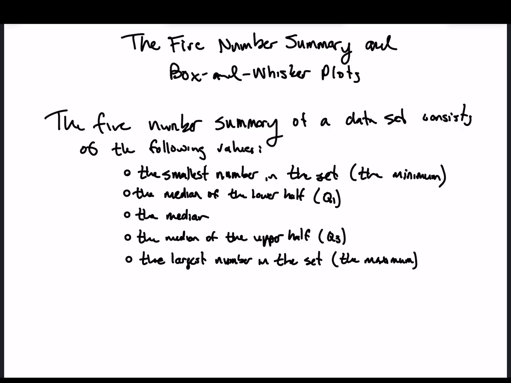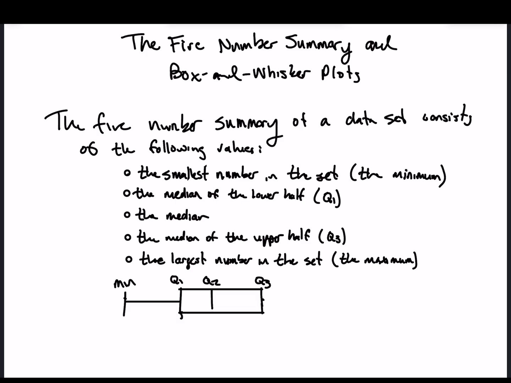So what we can do is take this 5-number summary and build what's called a box and whiskers plot. So we would have a whisker for the minimum, and then we would have a line, and then another line for quartile 1, another line for quartile 2, another line for quartile 3, and inside, between quartile 1 and 3, we have a box.